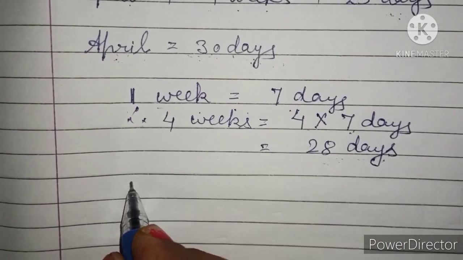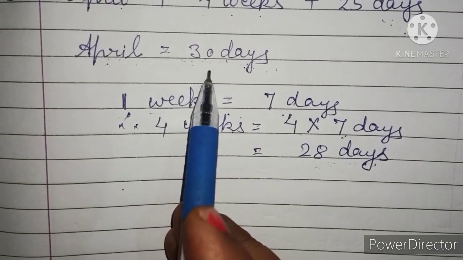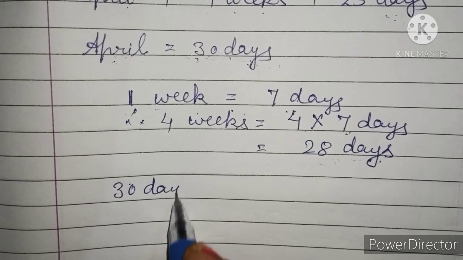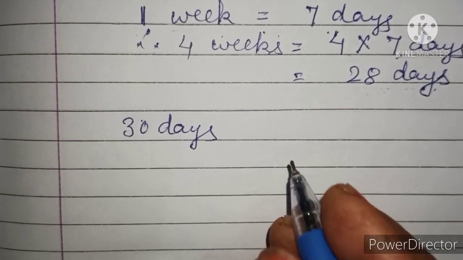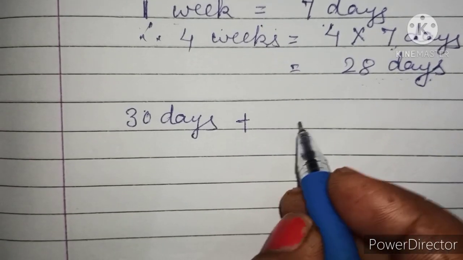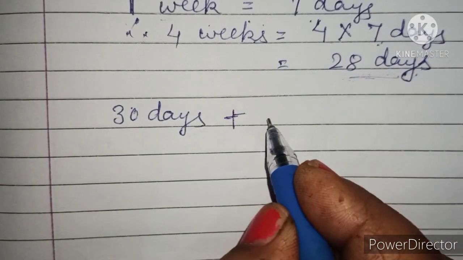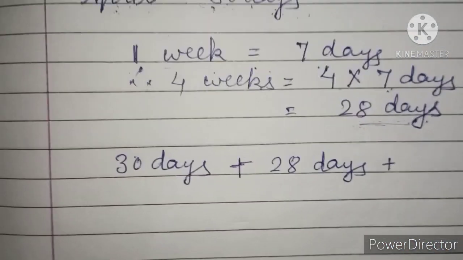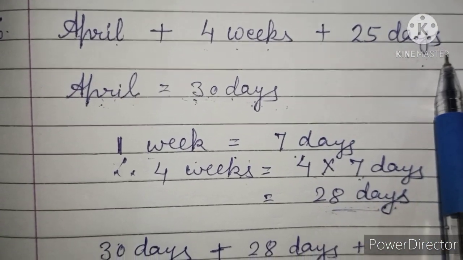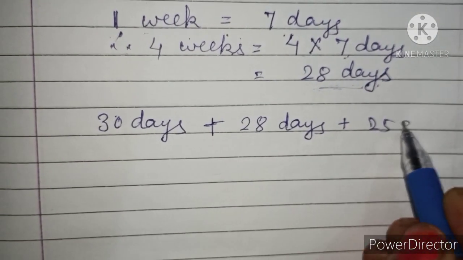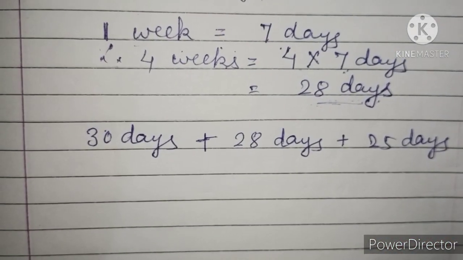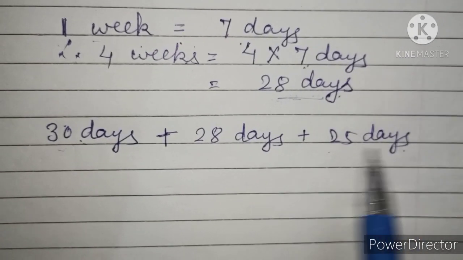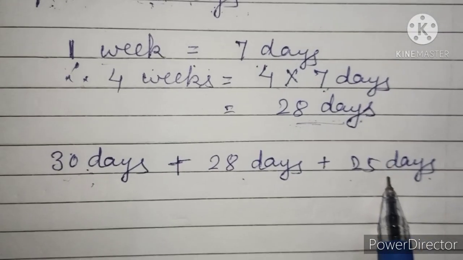So we will write here, first write 30 days plus 28 days plus 25 days. Okay. Now we have to add 30 days, 28 days, 25 days.